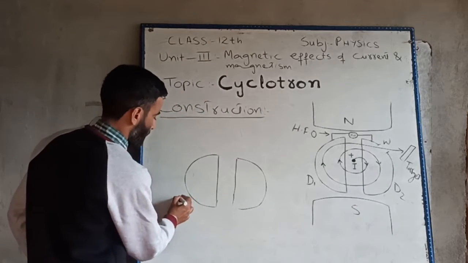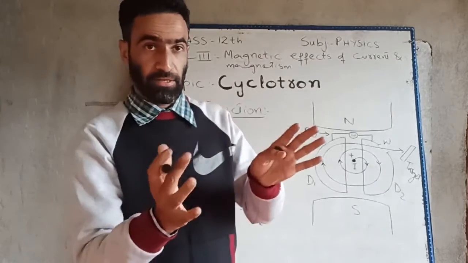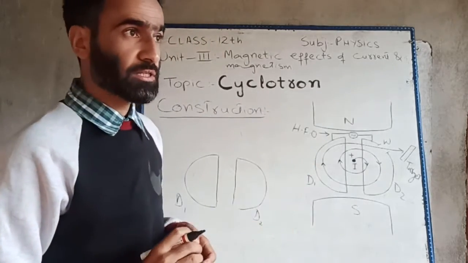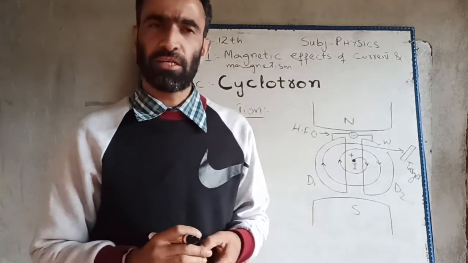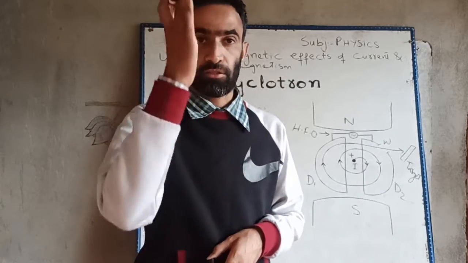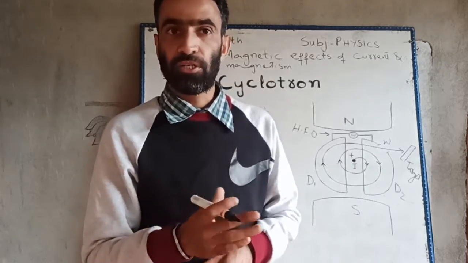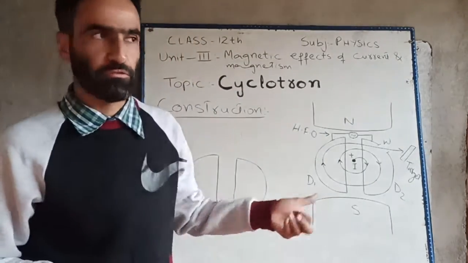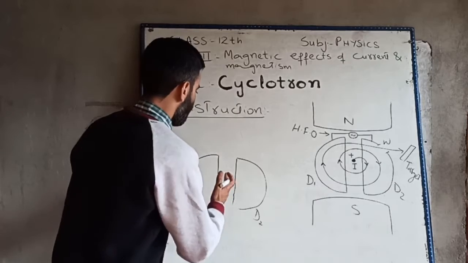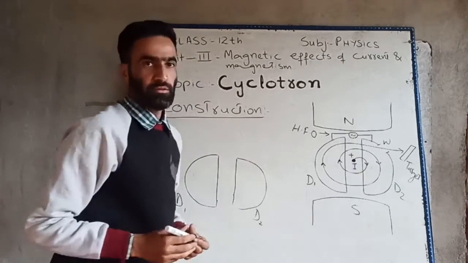Let me name them D1 and D2. They are semi-cylindrical chambers which we call Ds because they are of the shape of D, since when we cut a cylinder into two halves, we get the shape of D. They are separated by a little gap. This is the gap.